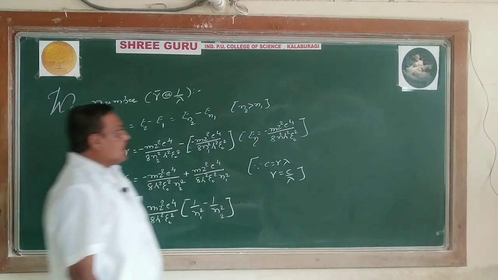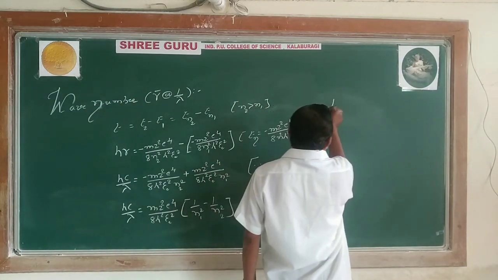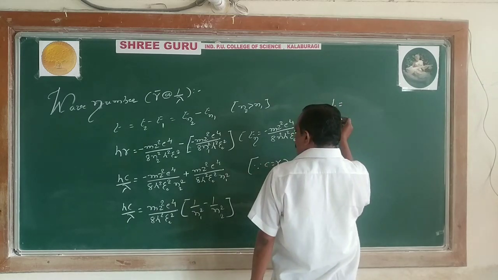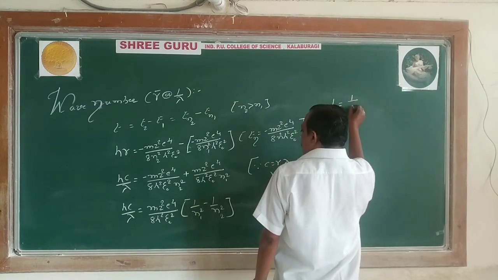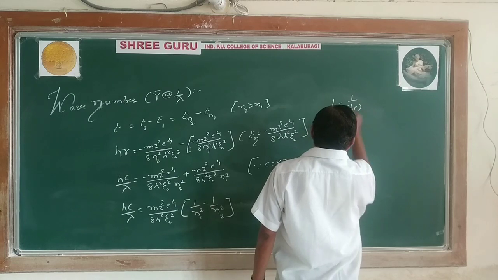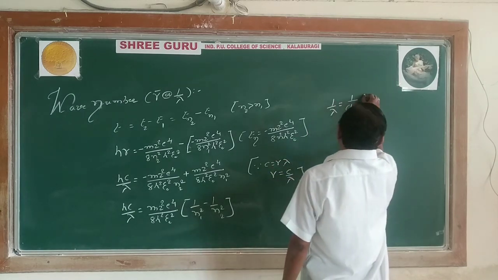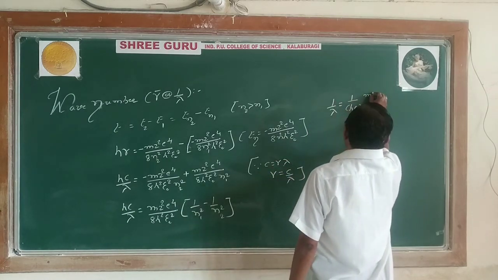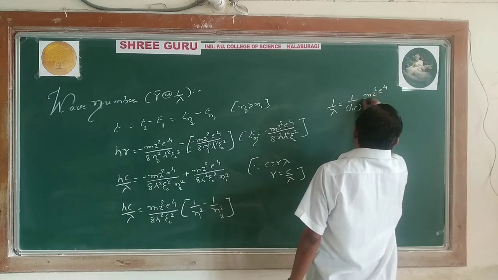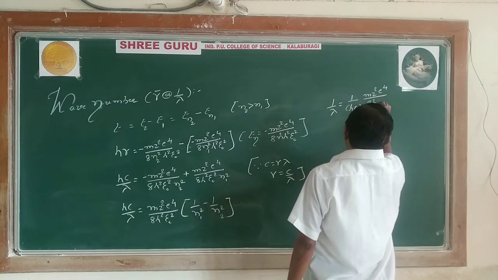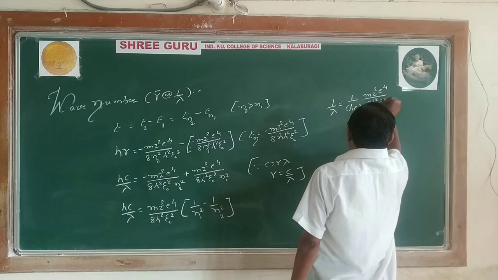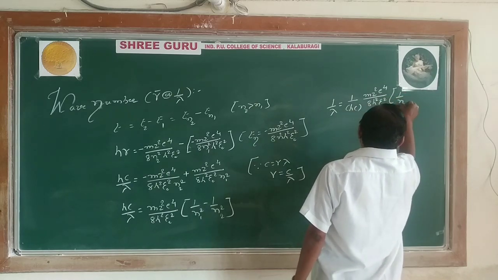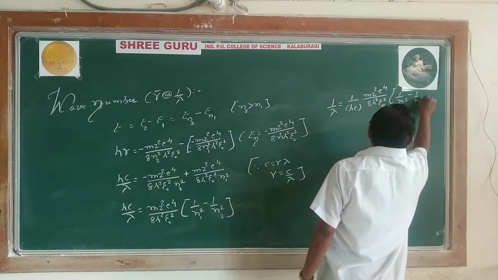So 1 by lambda is equals to 1 by hc taken outside, so h comes down: m Z square e fourth by 8 h square epsilon naught square, in the bracket 1 by n1 square minus 1 by n2 square as it is.